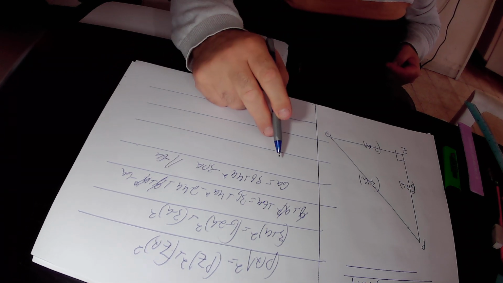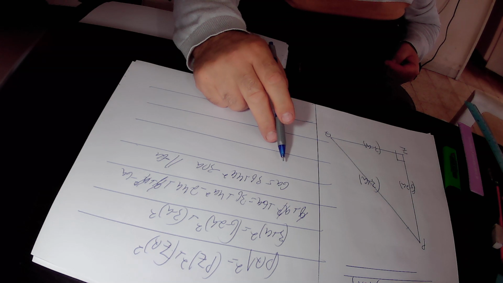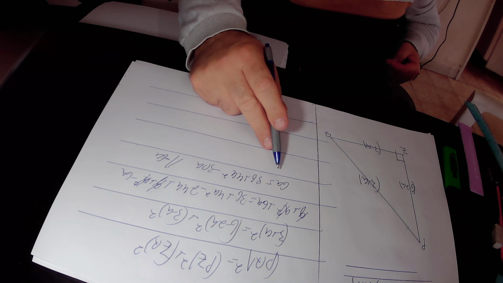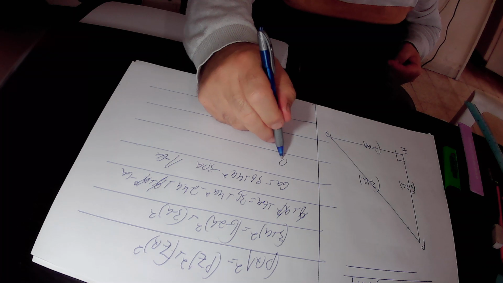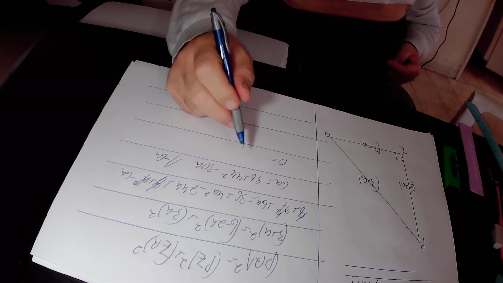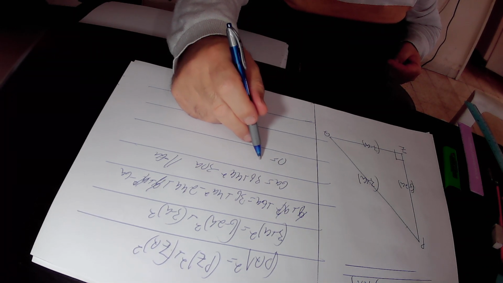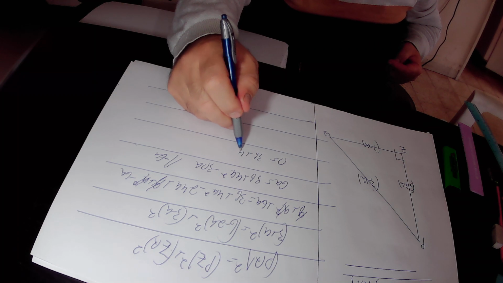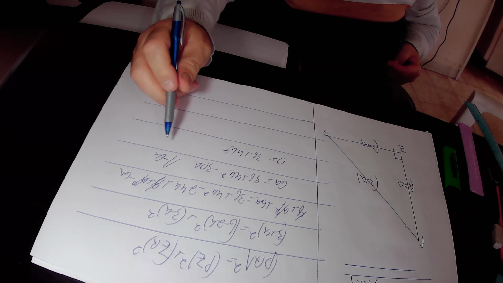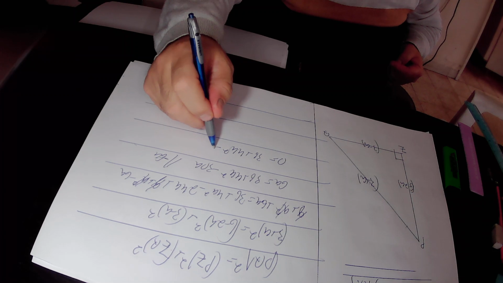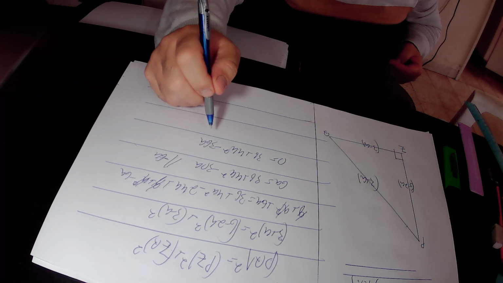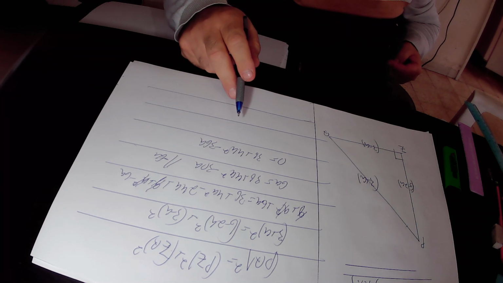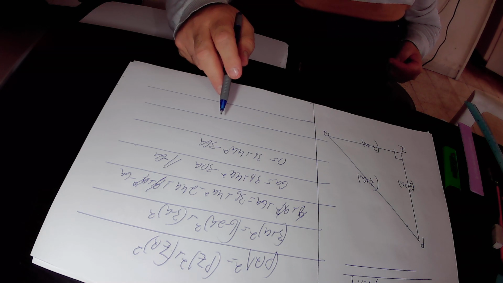After we subtract 6a from the equation, this side of the equation is left with nothing, that is to say 0. On the other side we have 36 plus 4a² minus 30a minus 6a, that is minus 36a. In conclusion, 36 plus 4a² minus 36a equals 0.